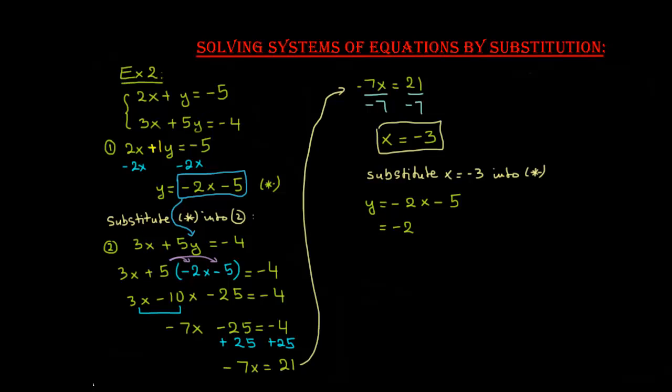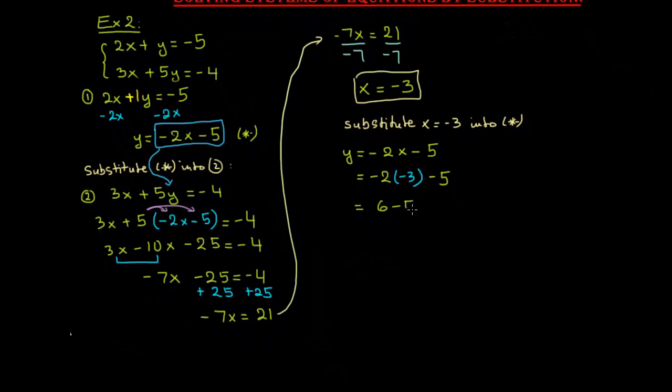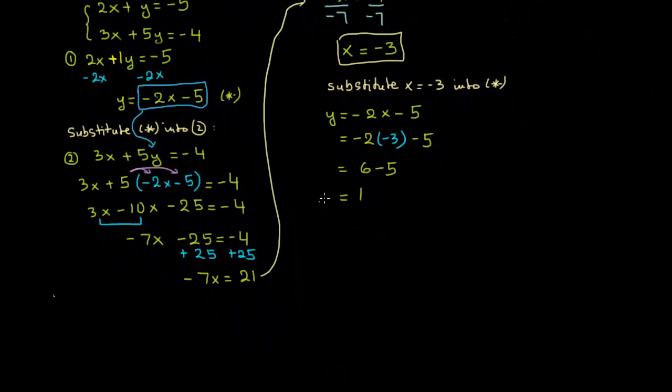When I plug in the -3, I just need to evaluate. 6 minus 5 gives me 1. So y equals 1 is my second unknown. And don't forget, write your answer in x and y order, which means my answer is (-3, 1). If you have time, check your answer.